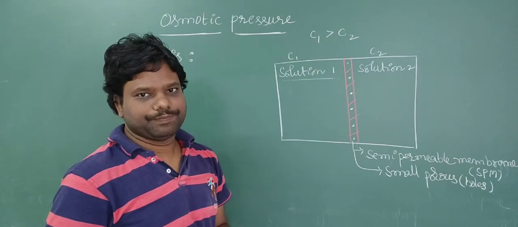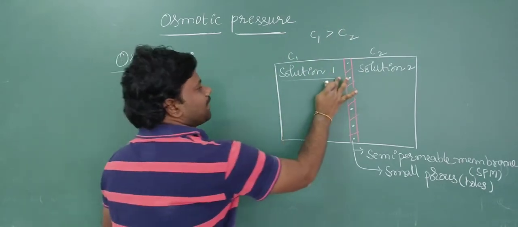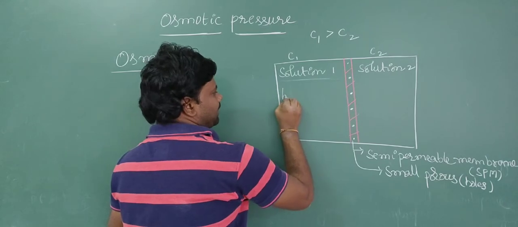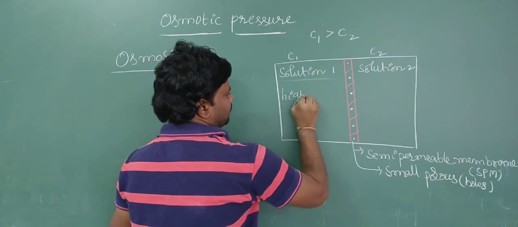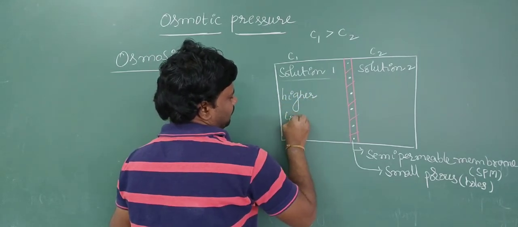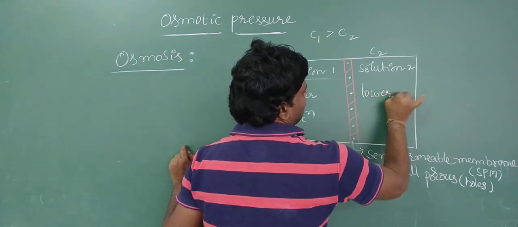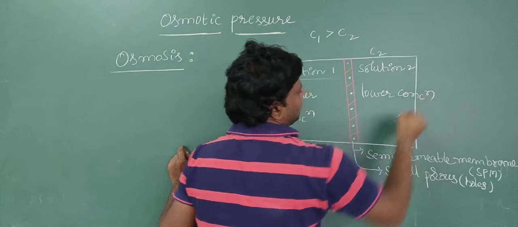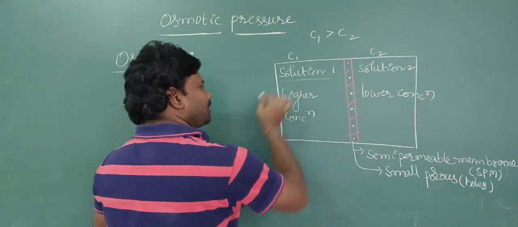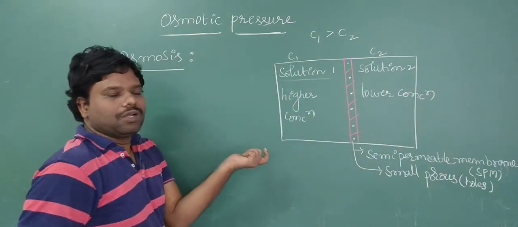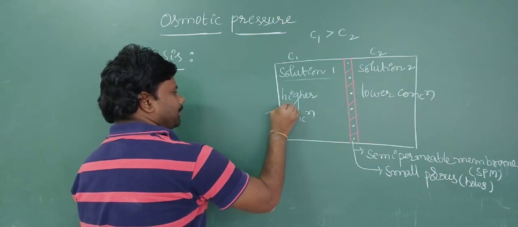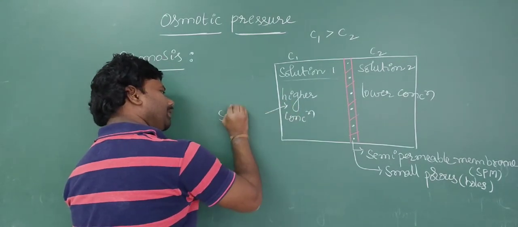Solution 1 is the higher concentration, and this is the lower concentration. In the higher concentration, solute is in excess.